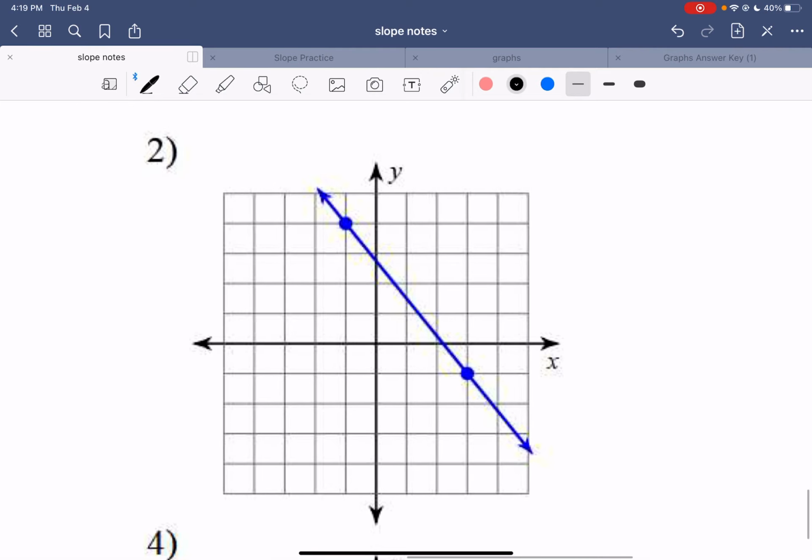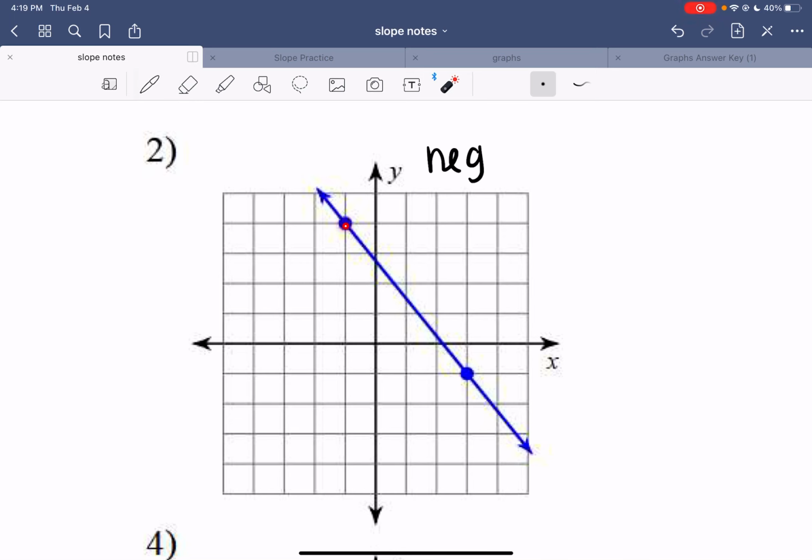All right, this next one, number 2. So we see here that this is a negative slope right from the beginning. And so we're going to start from our left point here. And remember how in the directions it said it might be a rise and it might be a fall, but it's still the up or down movement. You're rising or falling.